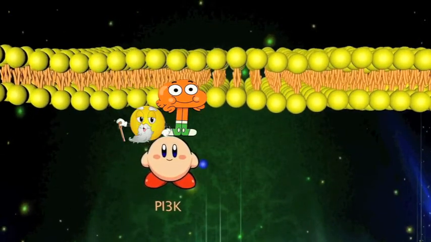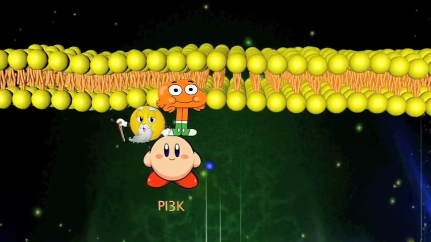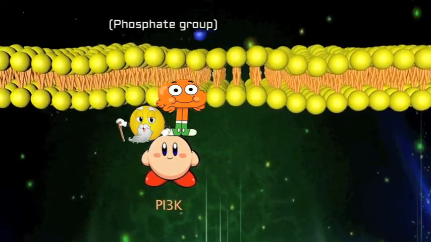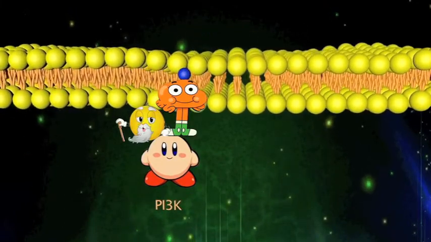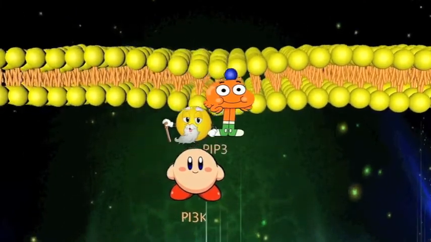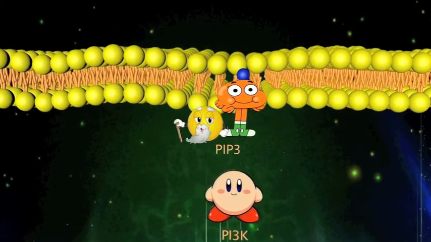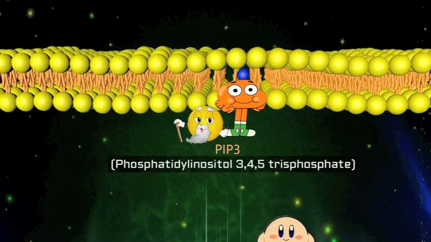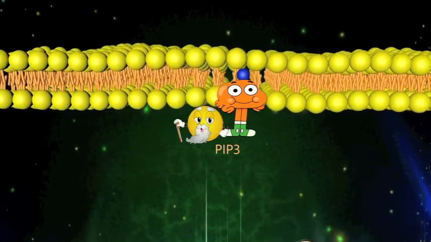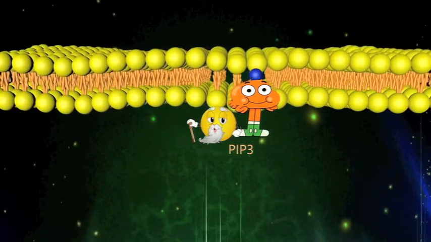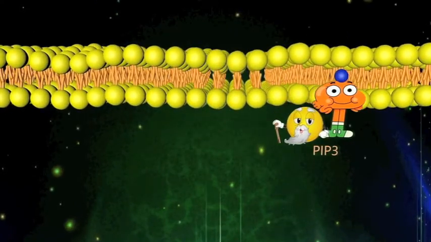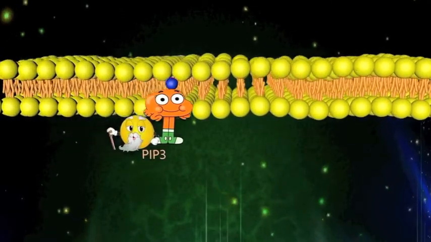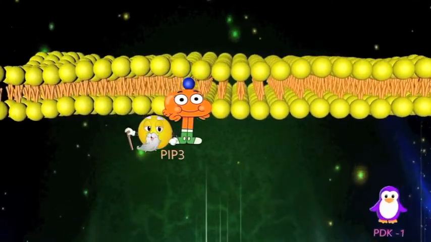After that, it adds that phosphate group to the PIP2 and creates PIP3, or phosphatidylinositol 3,4,5-trisphosphate. PIP3 moves along the cell membrane and eventually ends up on a protein known as PIP3-dependent protein kinase, or PDK1.